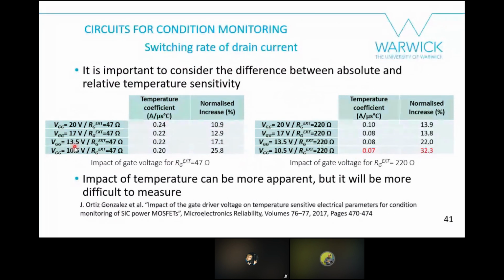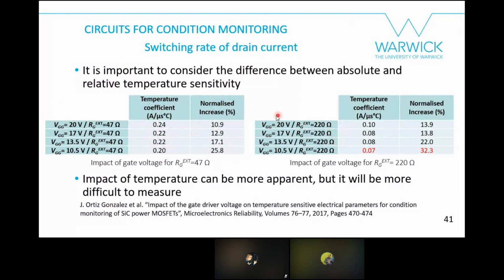If you start reducing the gate driver voltage, the normalized increase goes from 11 to 26%, but the temperature coefficient is reducing slightly. So your increase is going to be more apparent, but the measurement is not going to be as temperature sensitive. So your coefficient is going to reduce.